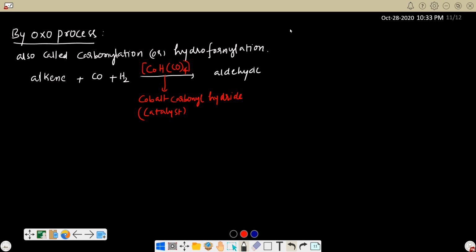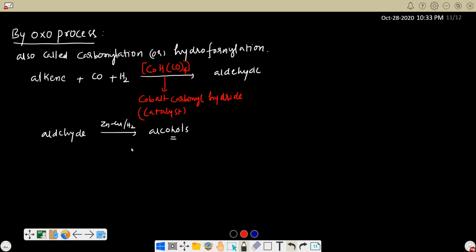That aldehyde, on further reduction, reacts with zinc copper couple and H2. So we get alcohols. This is a basic reaction.